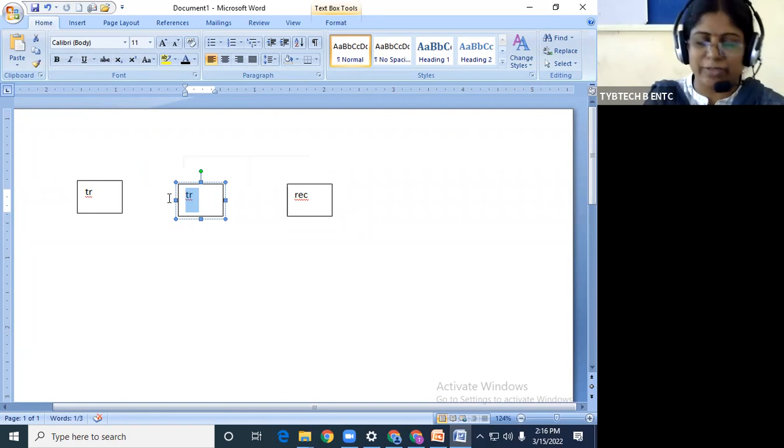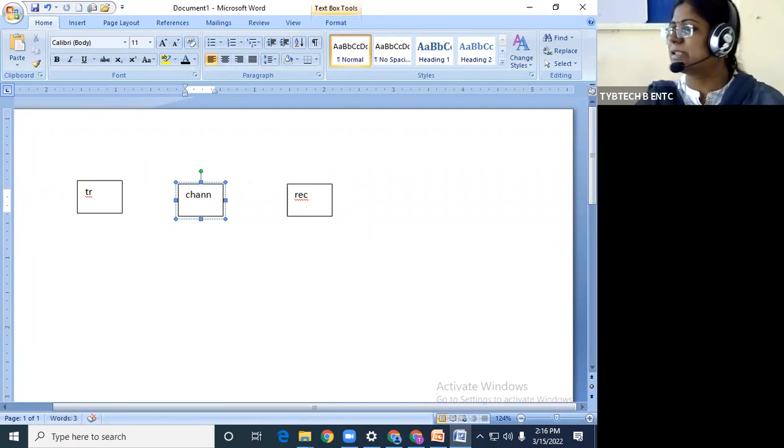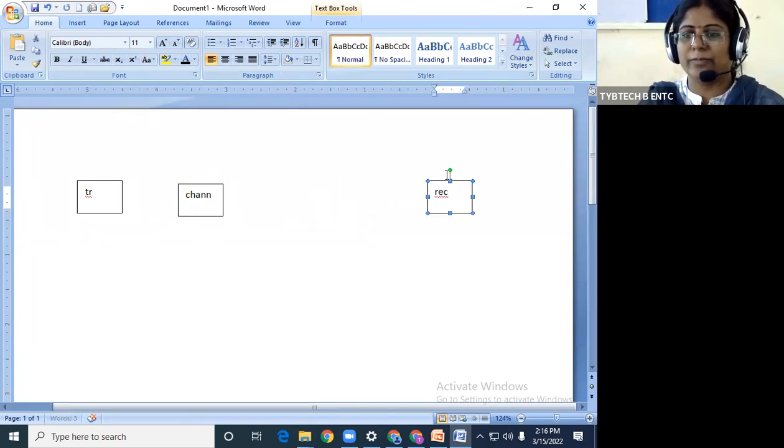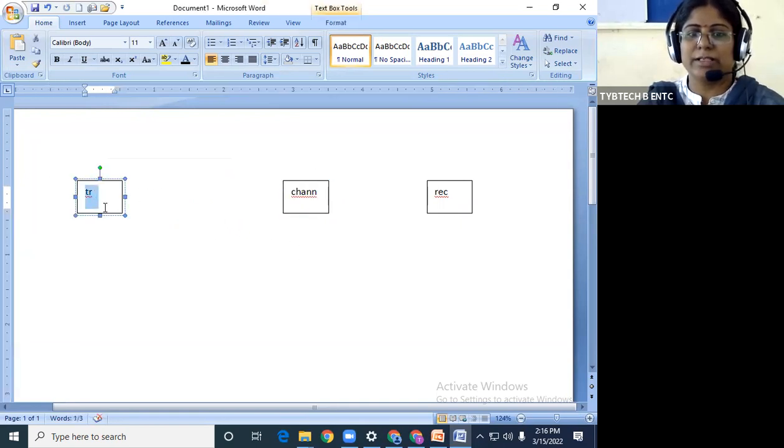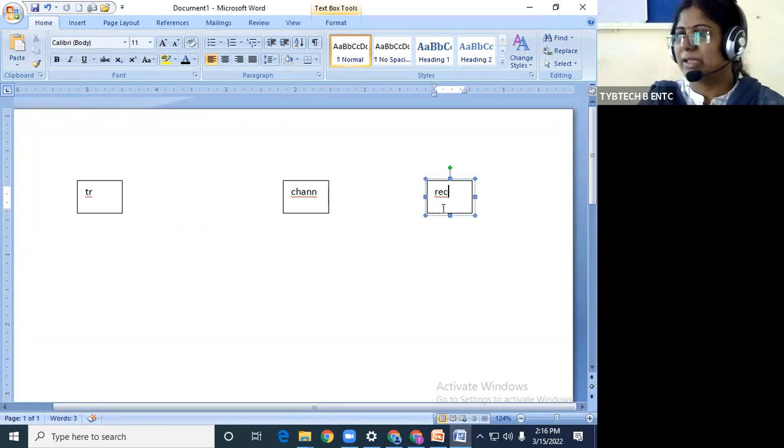So I will explain stepwise. And this middle part is the channel, which we also call the transmission medium. Now see, this one is the generalized diagram for any communication system. See here. This is the transmitter, this is the channel, and this one is the receiver.